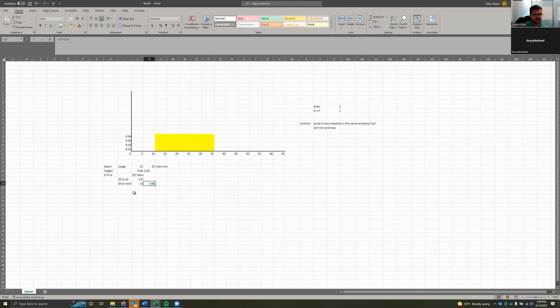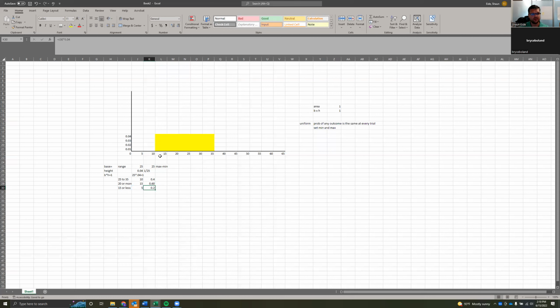But 0.6, so 60%. And then if I were to say 15 or less, then it would be 15 minus 10, so the range is 5, multiplied by the height, which is 0.04, and that gives us 20%.